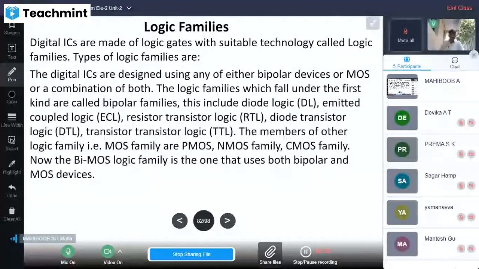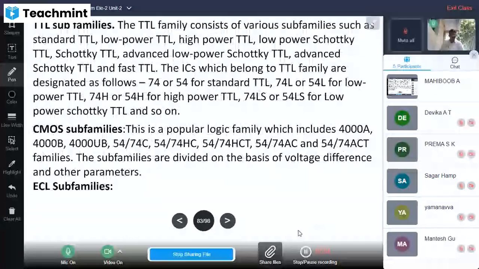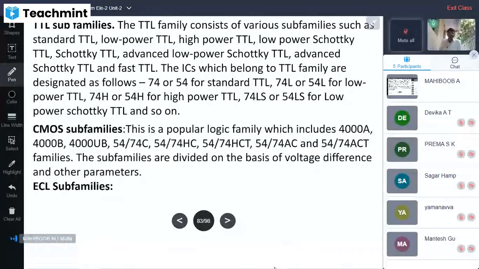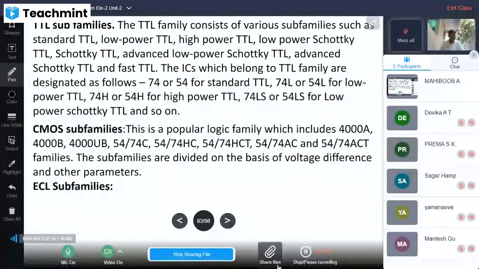Further, the TTL subfamilies include, based upon their standard values and low power consumption, high power consumption. They are classed into standard TTL.